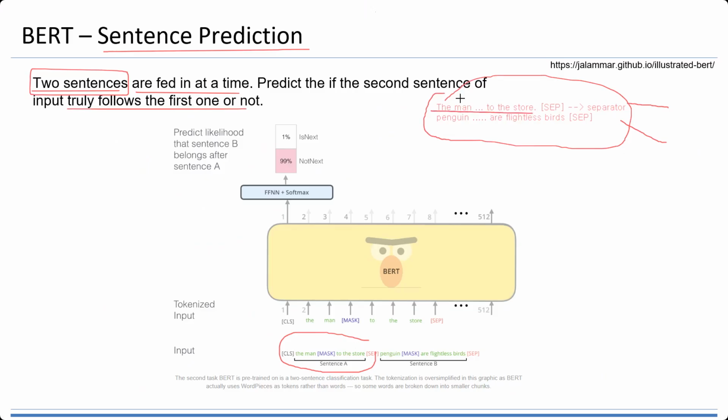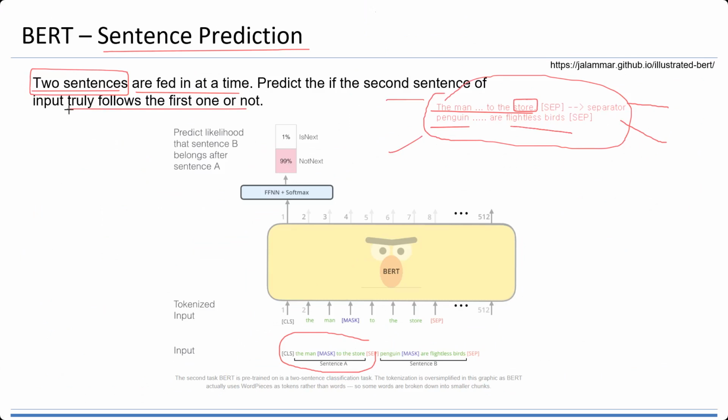Man means human. And okay, we have the context. It is about the store. But the second sentence is about penguins, and it mentioned birds. So as a human, we know that those two sentences are not correlated.